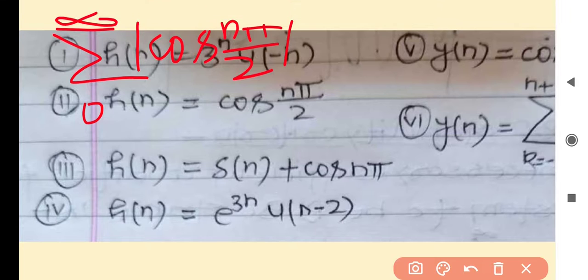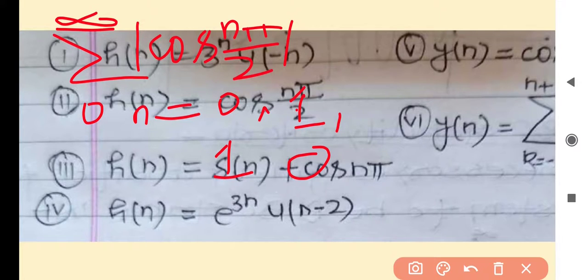So here, for n equal to 0, cos n pi by 2 will give value 1, because cos 0 is equal to 1. When n is equal to 1, it will become cos of pi by 2, and cos pi by 2 is equal to 0.